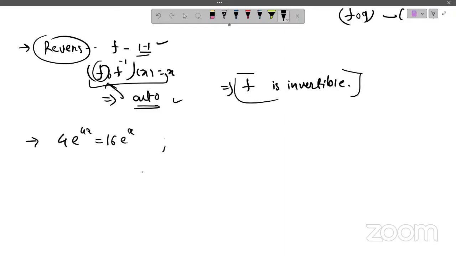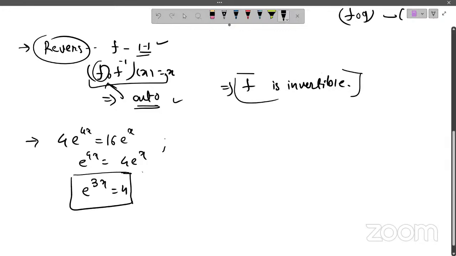I don't think it can be simplified anywhere. Doing something: e to the power 3x is equal to 4. This is the simplest way of this expression.